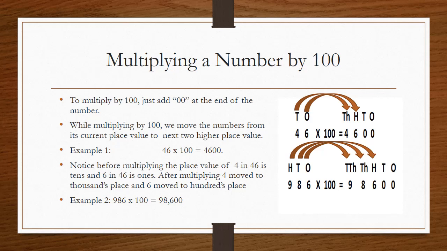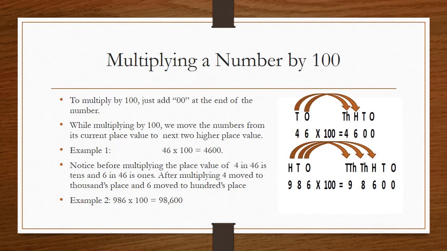Let's see another example. 986 times 100. In 986, the 9 has the place value of hundreds, 8 is in the tens place and 6 is in the ones place.